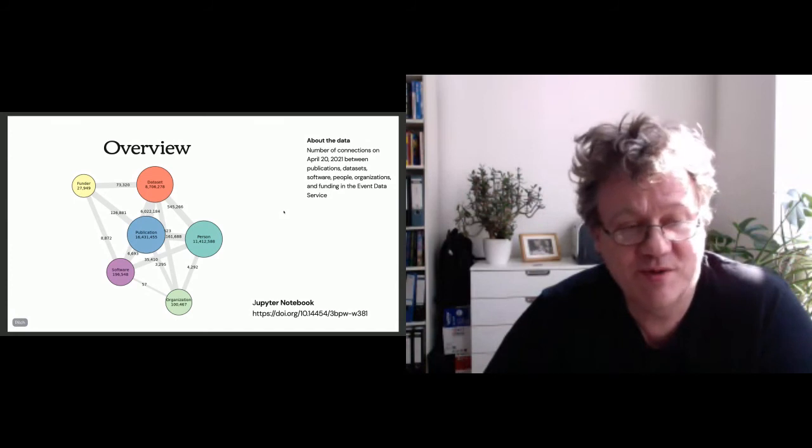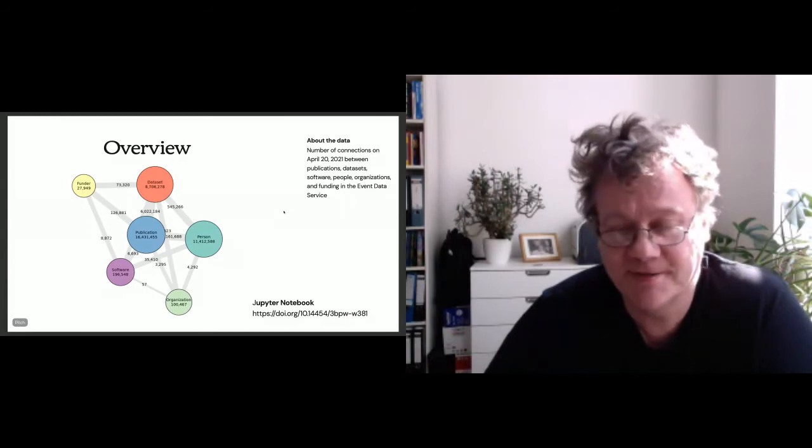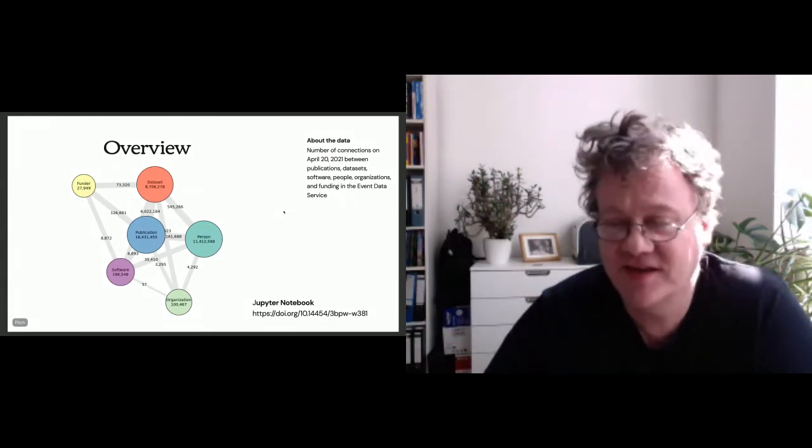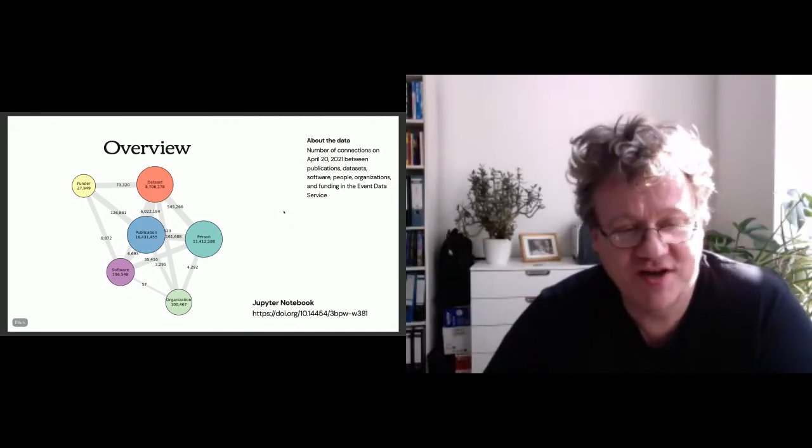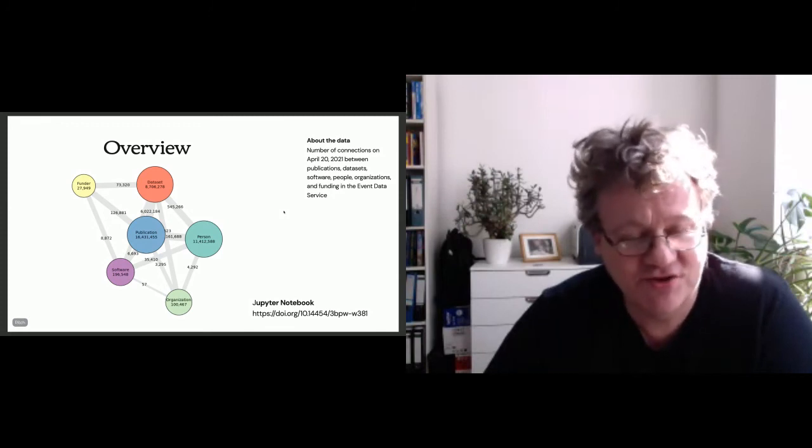And if you look carefully between the red and blue dot, there's a number of 6 million. That's the connections of data sets and publications that we have between DOIs, where we think it's a data citation and not something else like a version. This is a Jupyter notebook that generated this. There is a link there, and when we share the slides, it might be easier to just follow this and run this for yourself.